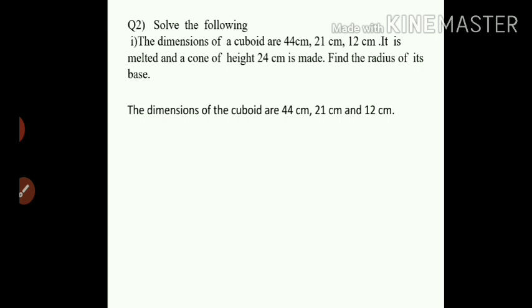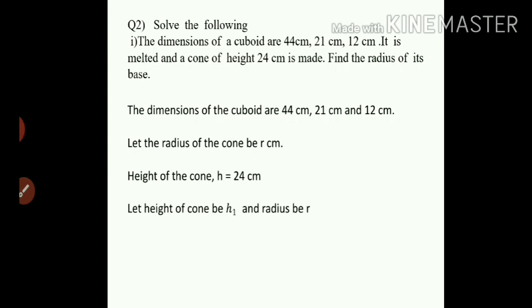Now for cone, so let the radius of the cone be r. Now for cone also we have height, that is height is equal to 24. It is given that it is melted and a cone of height 24 centimeter is made. So what we'll do, that let the height of the cone be h1 and radius will be r.